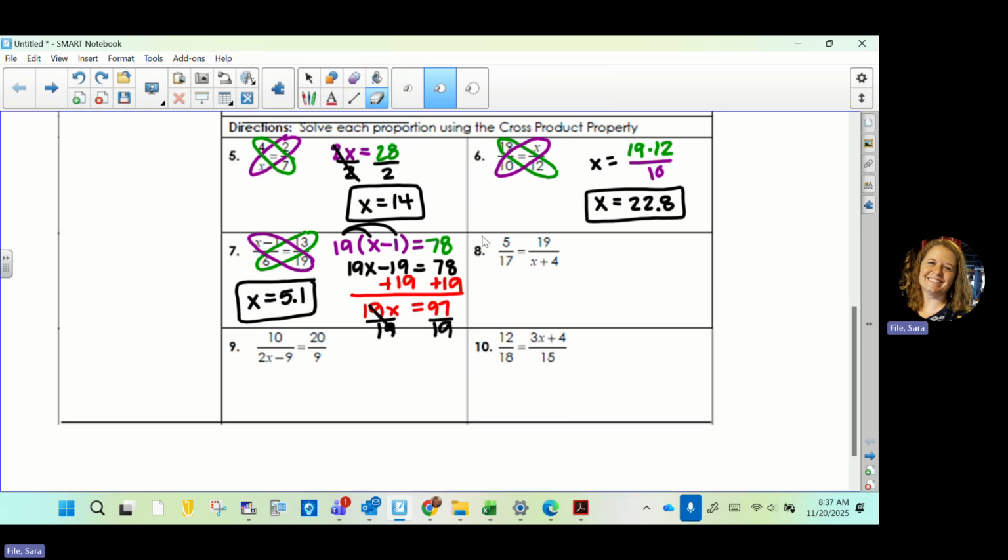Now over here, remember how I did it all in one step instead of setting up the equation and solving for x? I can still kind of do that. I'm going to set up multiplying by the 2 that are diagonal, that are just the numbers. So 17 and 19. And then I would divide by the 5.